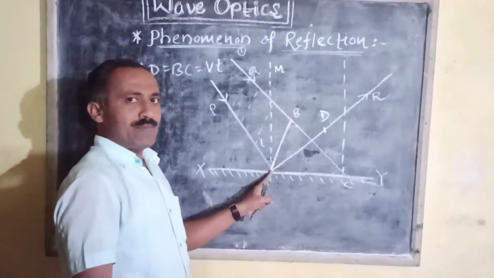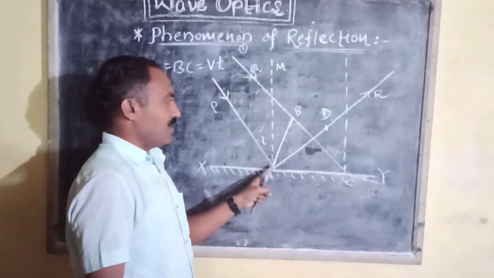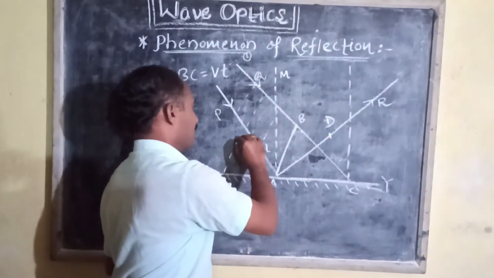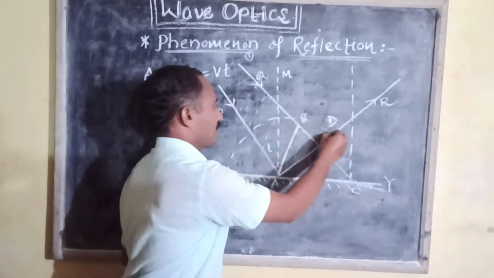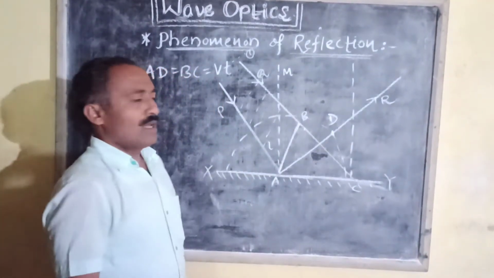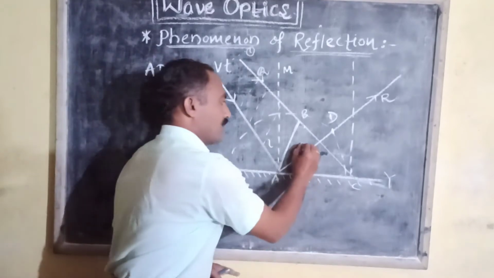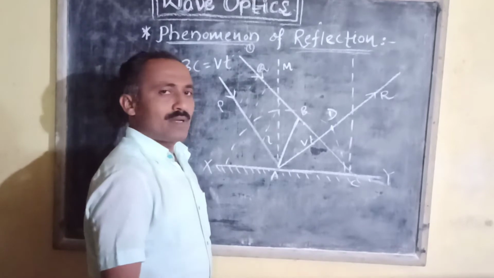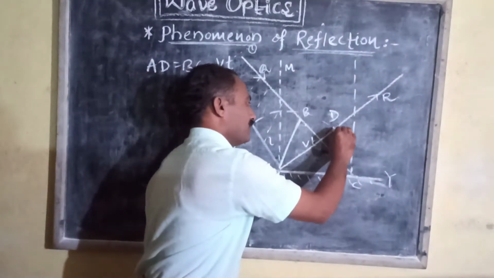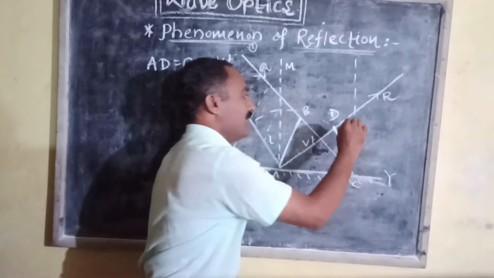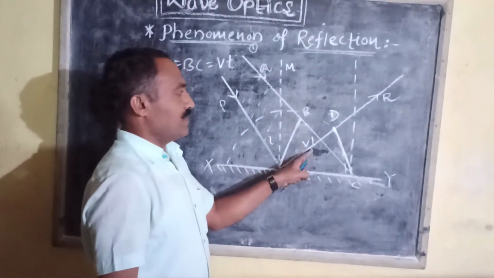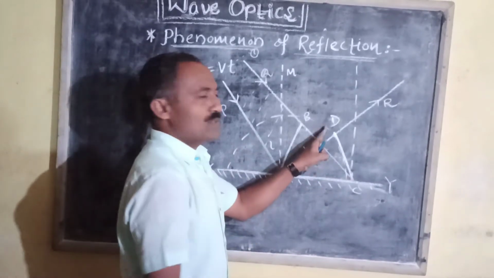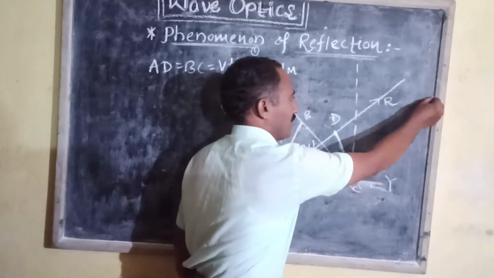Now we draw the envelope CD, the tangent drawn to this hemisphere, and this tangent gives the reflected wavefront.